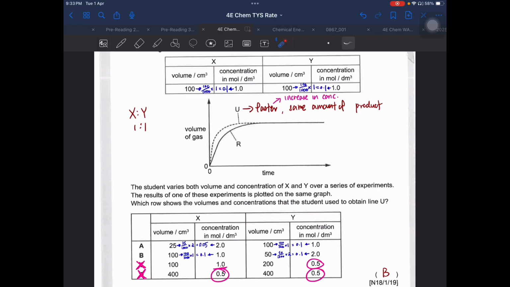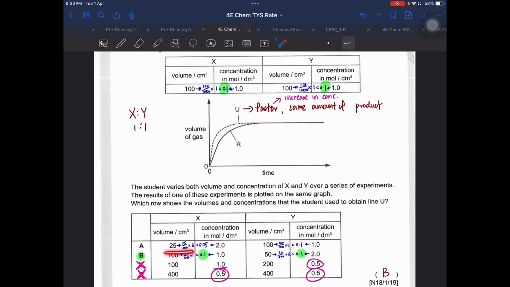So for graph R, there must be 0.1 mole of X and Y. Given that graph U is the same, we also want a case where you have 0.1 mole of X and 0.1 mole of Y. And that's how we derive the answer as option B.